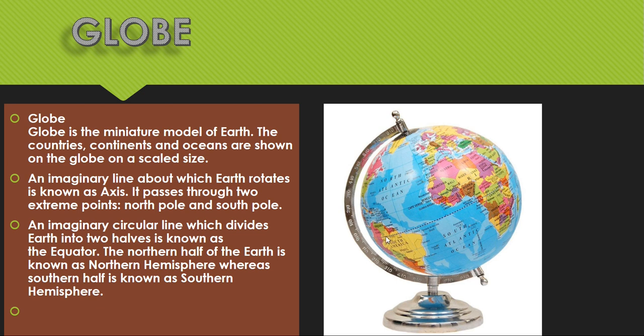The northern half of the Earth is known as the northern hemisphere, whereas the southern half is known as the southern hemisphere. Now this can be called the North Pole, this can be called the South Pole.